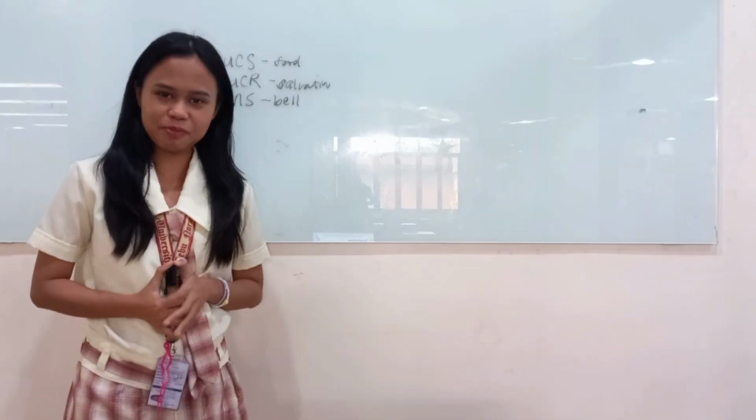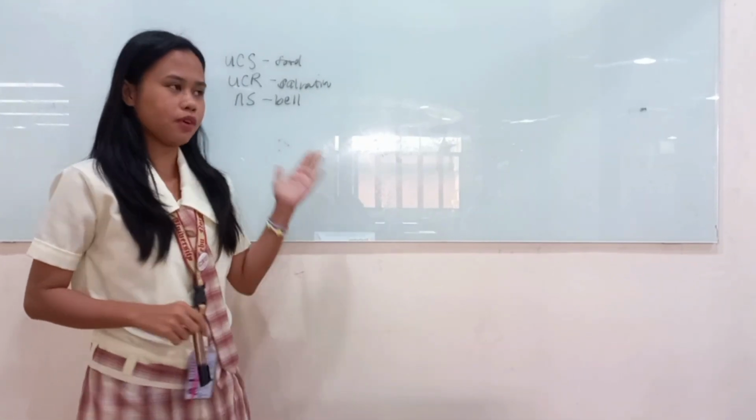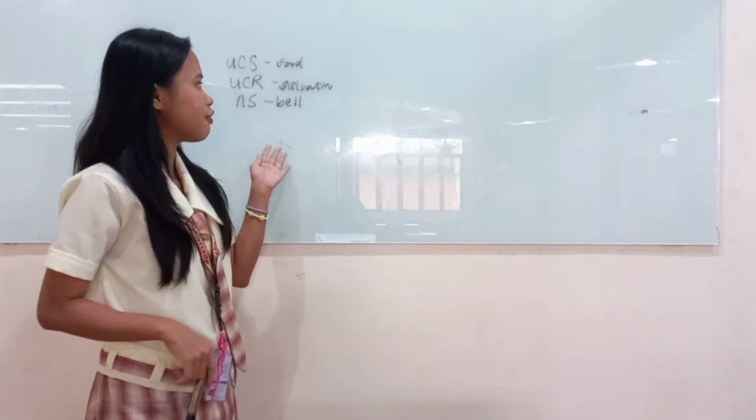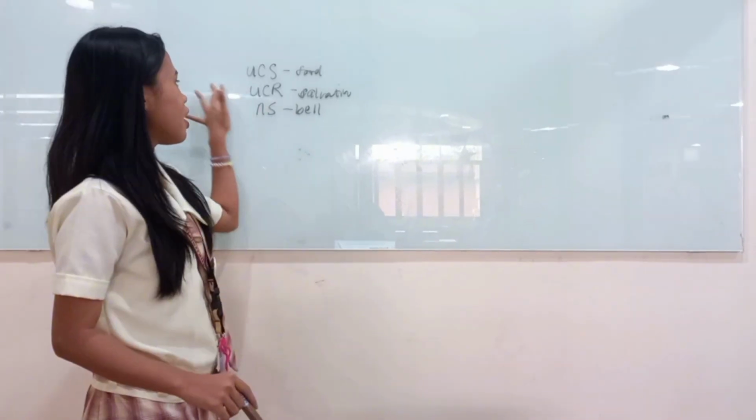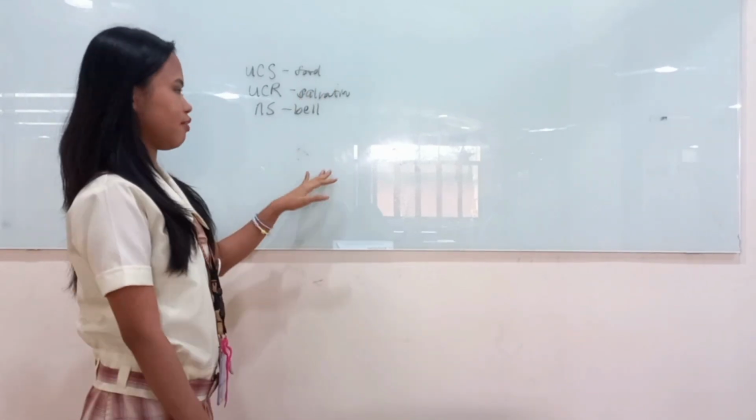The unconditioned stimulus is the food, the unconditioned response is the salivation of the dog, and the neutral stimulus is the bell. Ivan Pavlov experimented with dog salivation, pairing the food, salivation, and bell.